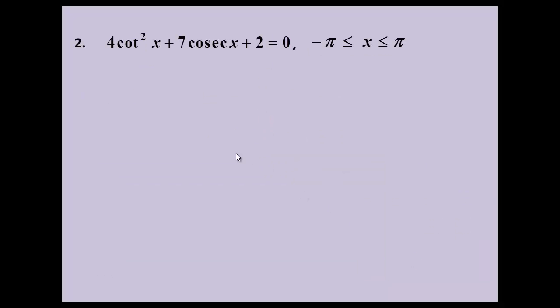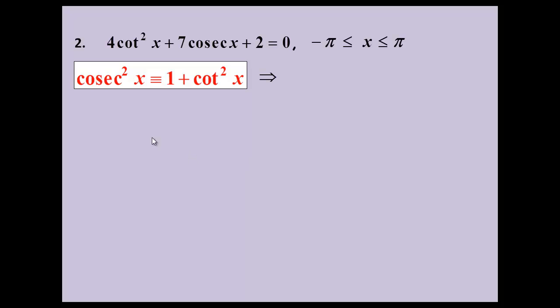Second one then, cot squared and cosec. Again, it's fairly straightforward because we've got that identity there, which links cot and cosec. This time it's cot squared we need to replace, so again we need to do a bit of rearranging.